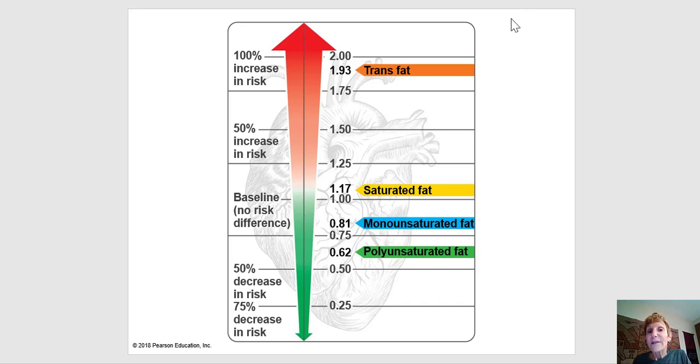But here's one way that you can also look for ways to keep your trans fat low. Not only look at the ingredients and make sure it doesn't say partially hydrogenated vegetable oil, but also if it says no trans fat, no means no, okay? 0 grams does not mean 0, but no means no. And there's the clue right there.